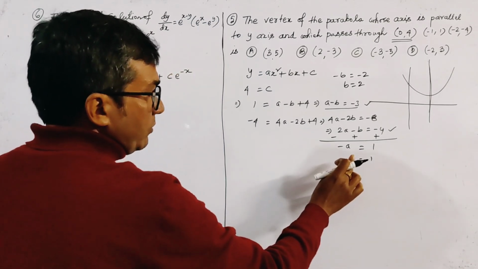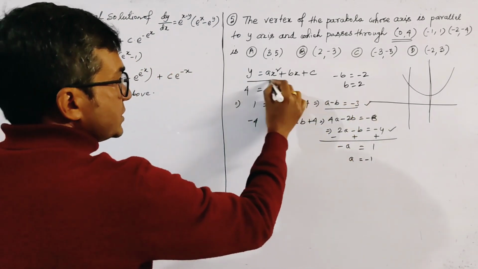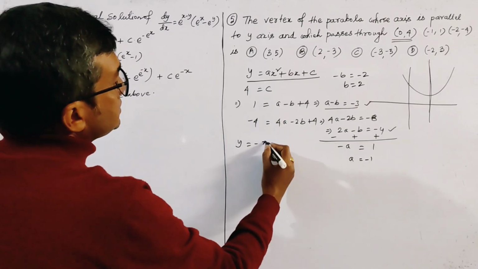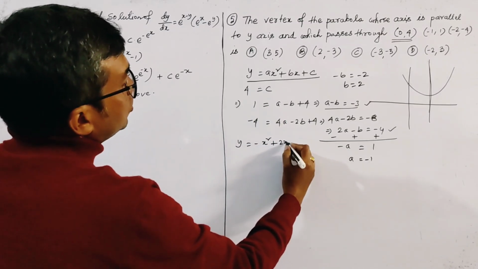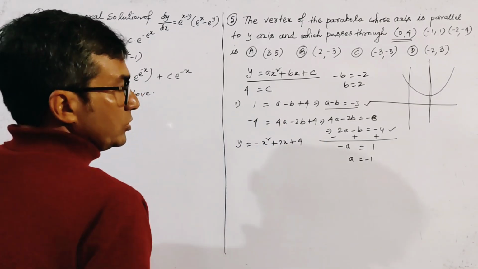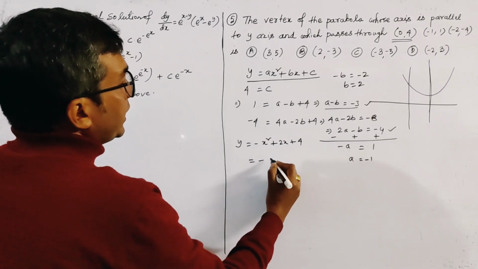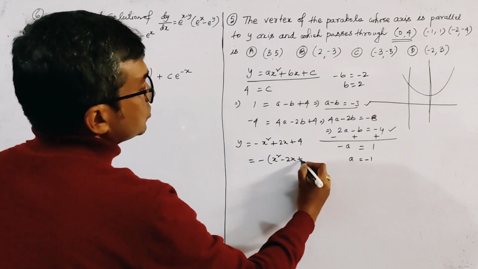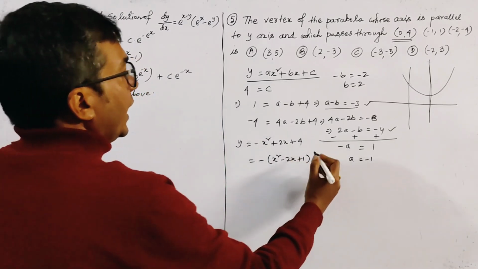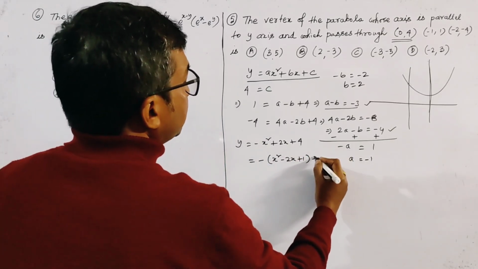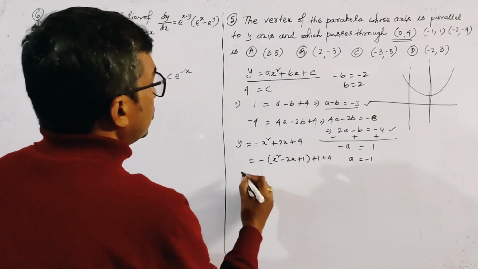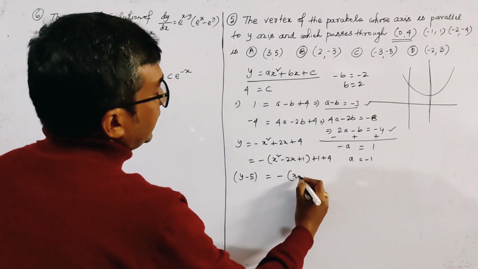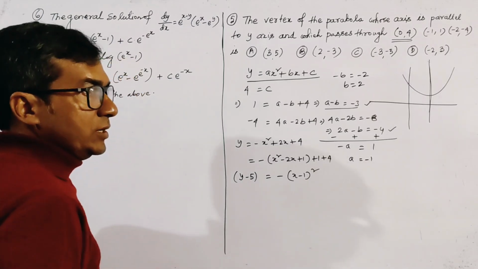Now we put the values of a, b and c in this relation. We get y equals minus x square plus 2x plus 4. So we get minus (x square minus 2x plus 1), and we add plus 1 plus 4, so y minus 5 equals minus of (x minus 1) whole square.